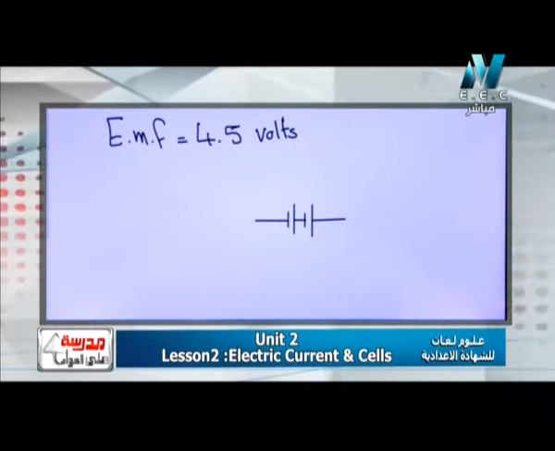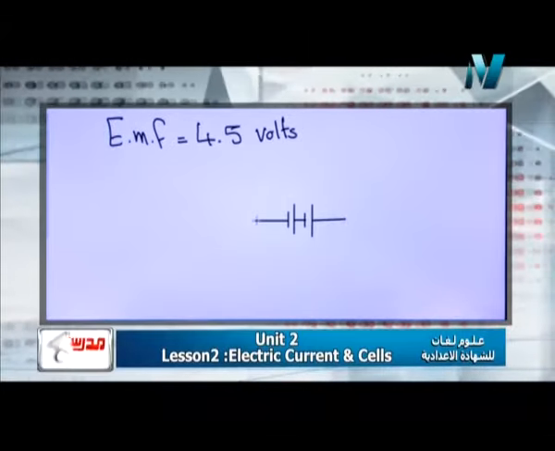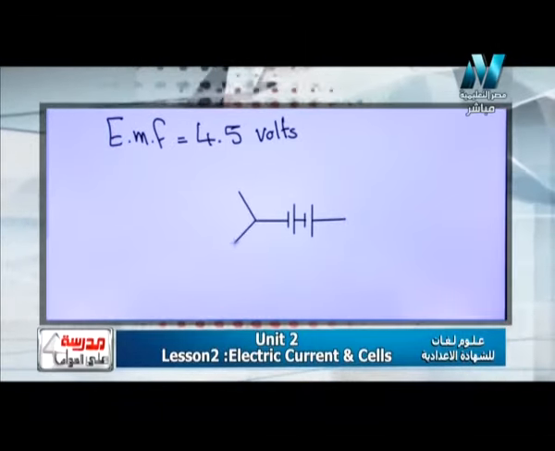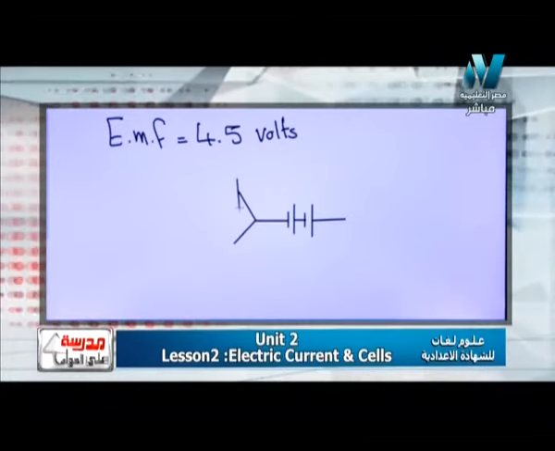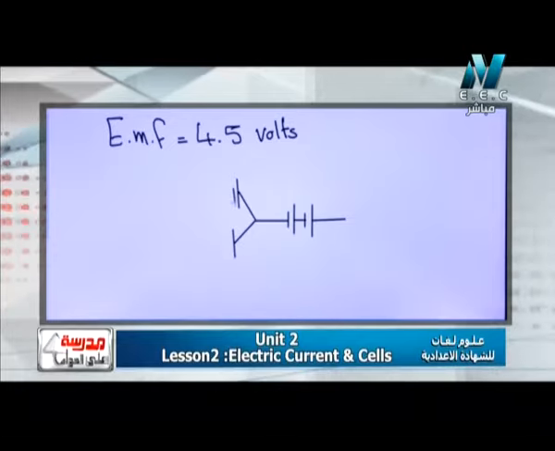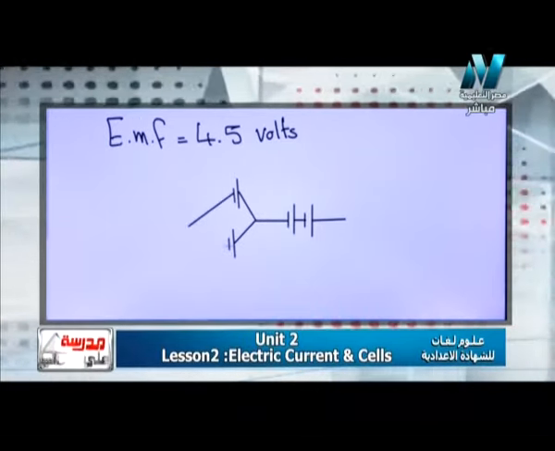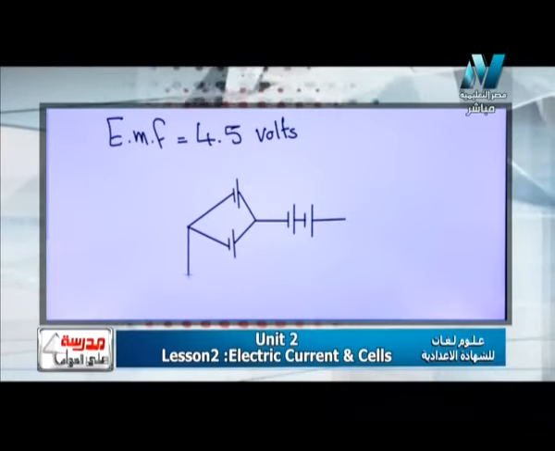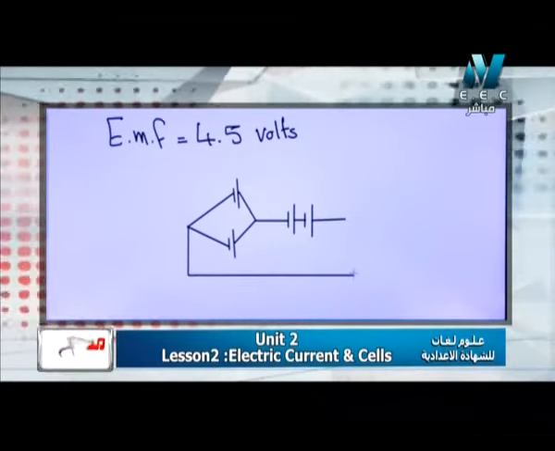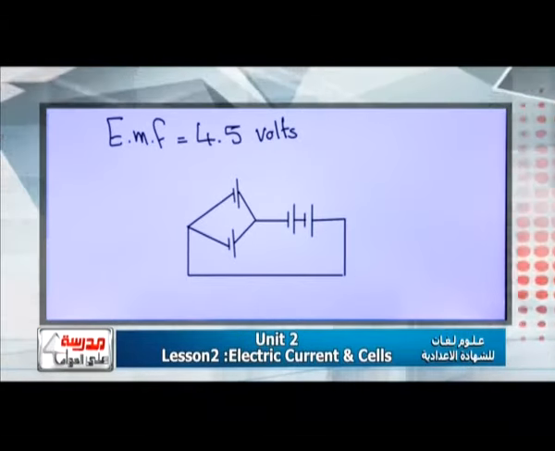And we have two parallel. As you see, two parallel equal how many? Yes, equal 1.5. Because E1 equal, our electromotive force equal E1. So we have a mixed connection here between the electric cells.